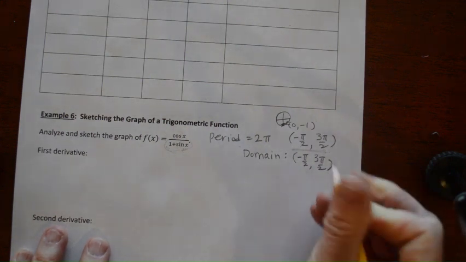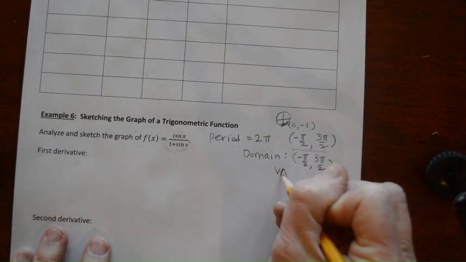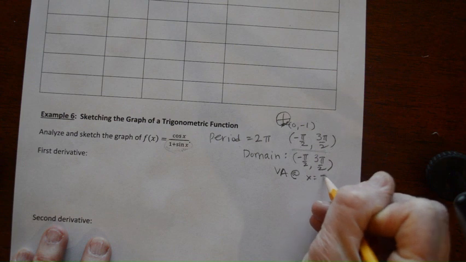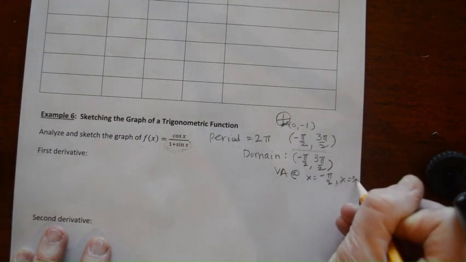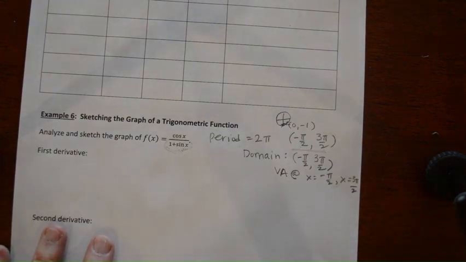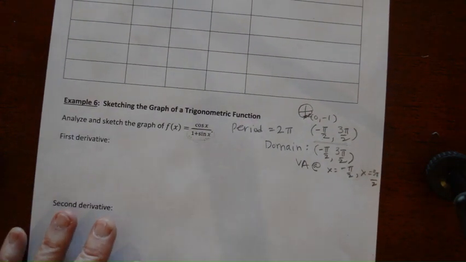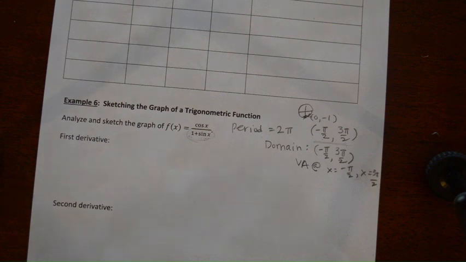And let's note that there are vertical asymptotes at x equals negative pi over 2 and x equals 3 pi over 2. We'll get to that page in just a second and rewrite it there, but for right now, let's just comment that that is what the vertical asymptotes are, and we're restricting ourselves to this domain.